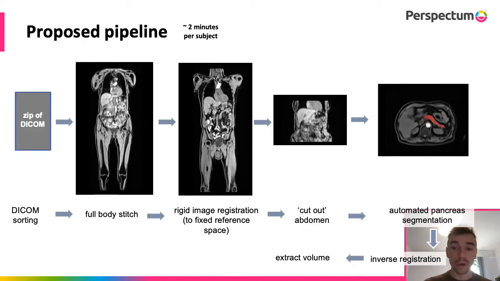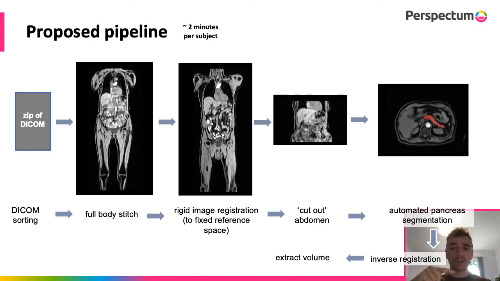So what is our proposed pipeline? Here's a rough outline. It takes this stitched full body neck to knee scan. We then use rigid image registration to move the input image into a fixed reference space. Why do we want to do this?